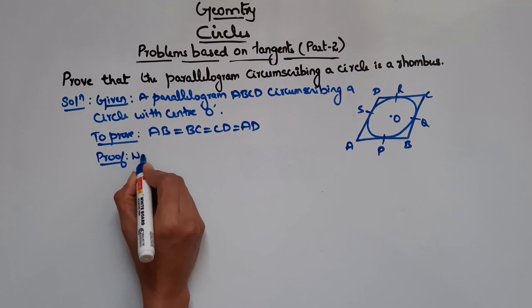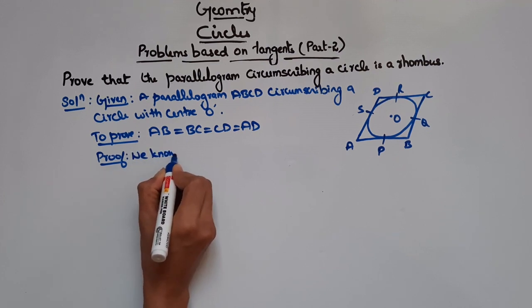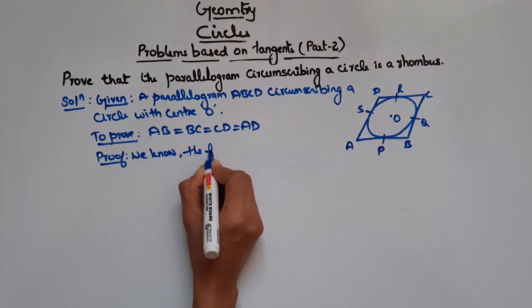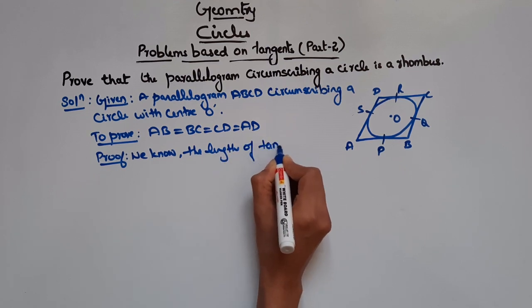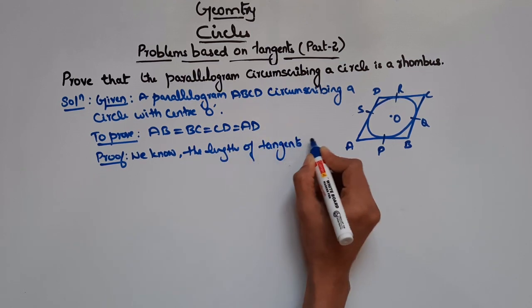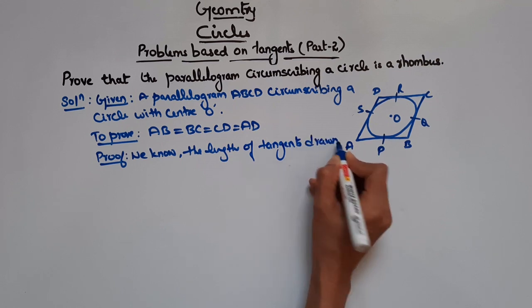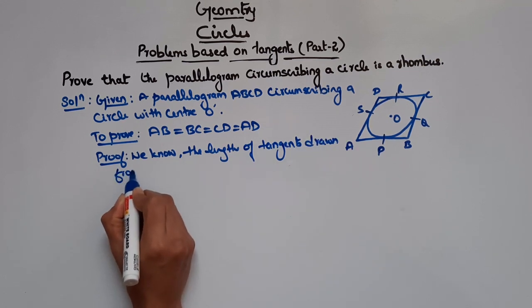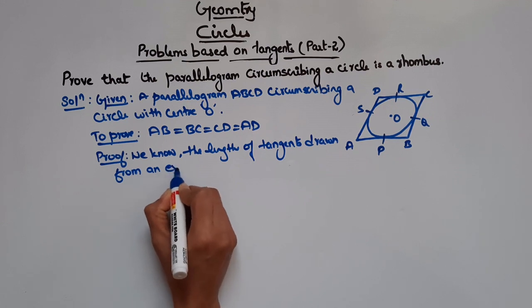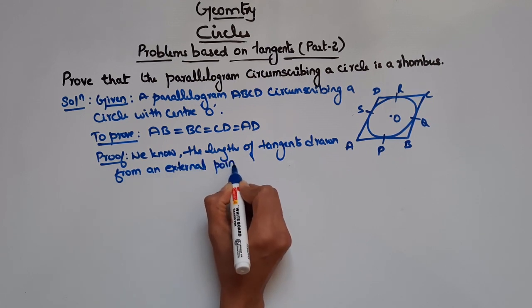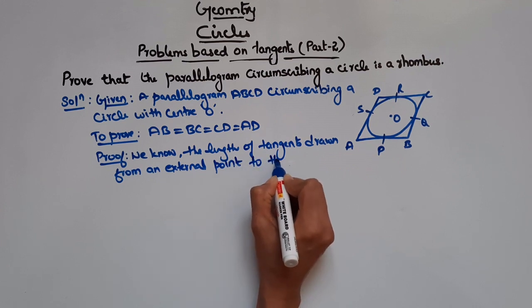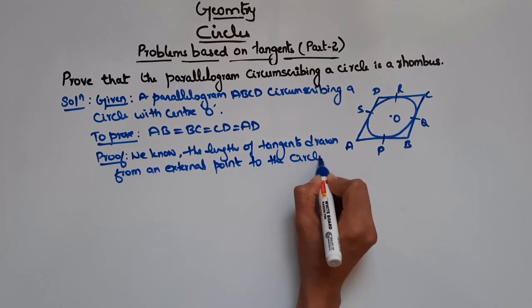We know the lengths of the tangents drawn from an external point to the circle are equal.